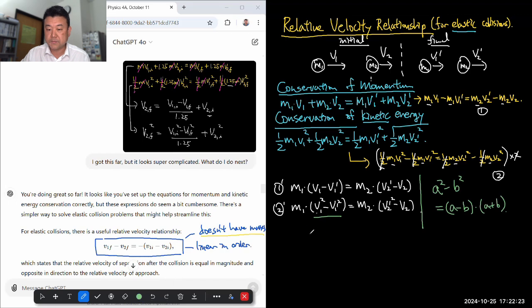So this being a, this being b, it will be v1 minus v1 prime times v1 plus v1 prime, and this can be factored in a similar way, v2 prime minus v2 times v2 prime plus v2.